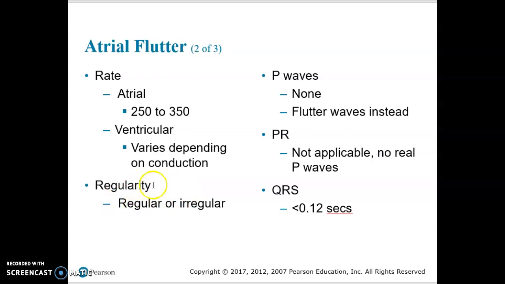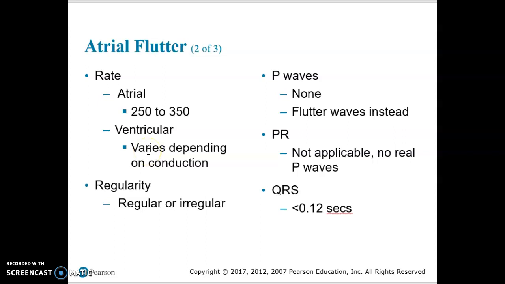What we mean by that is, when the AV node is working and allowing those signals to go through, if it remains constant across the board as to how many impulses it lets through, we will see a regular rhythm. But if it's just sporadically allowing signals to get through, then we're going to see that irregular rhythm.